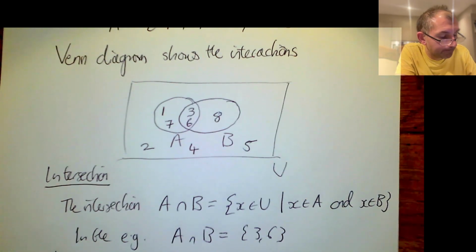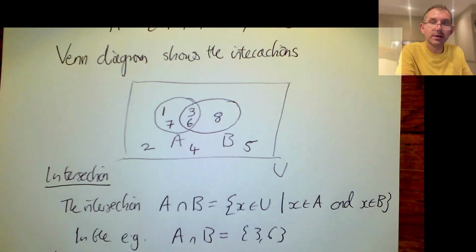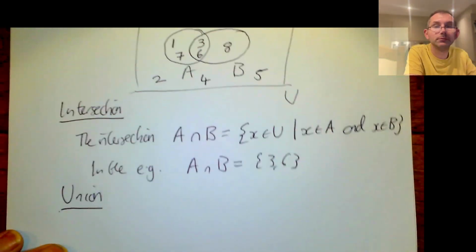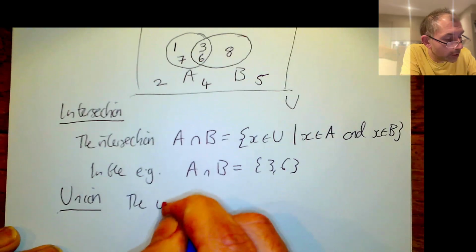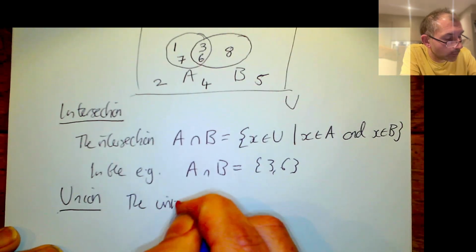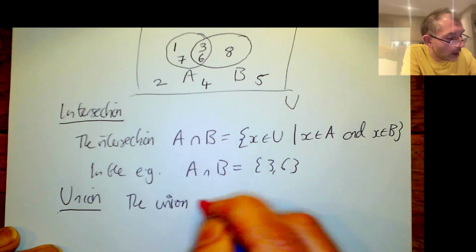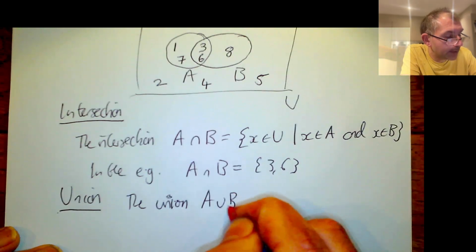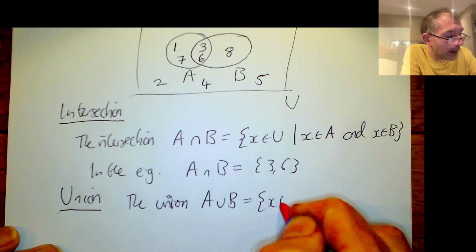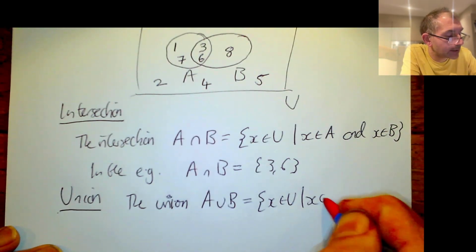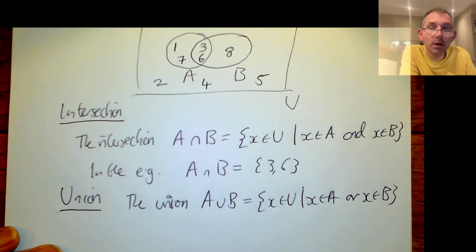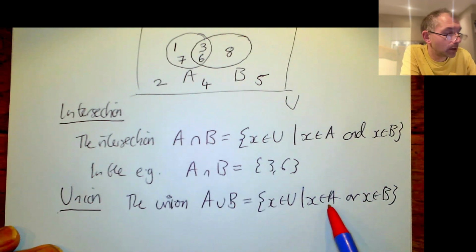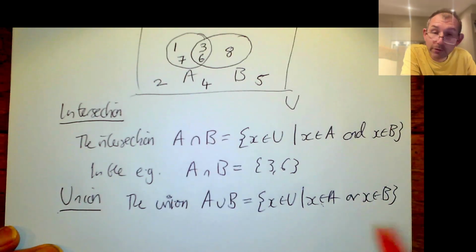Union. So this is another operation. The union A cup B is the set of x in U such that x is in A or x is in B. Now it can be in one or other, or it can be in both.